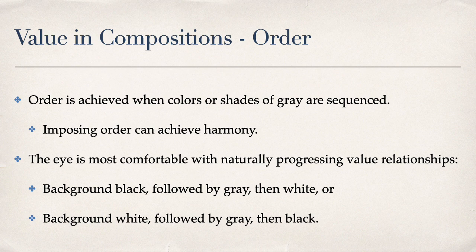Order. Order is achieved when colors or shades of gray are sequenced. Imposing order can achieve harmony. The eye is most comfortable with naturally progressing value relationships, so a background that is black followed by gray, then white, or a background that is white followed by gray, then black.